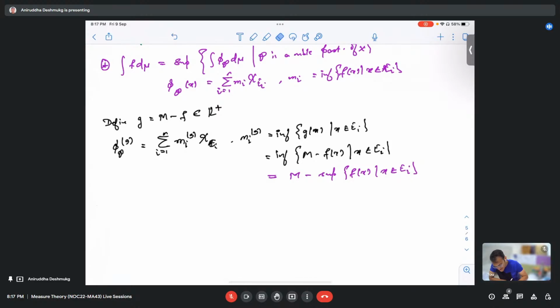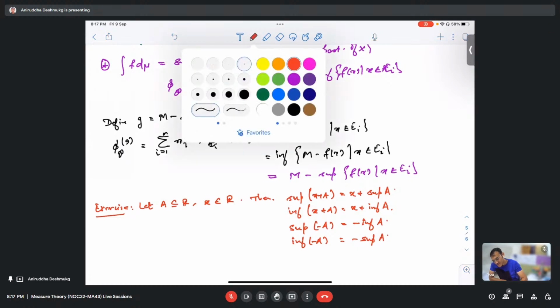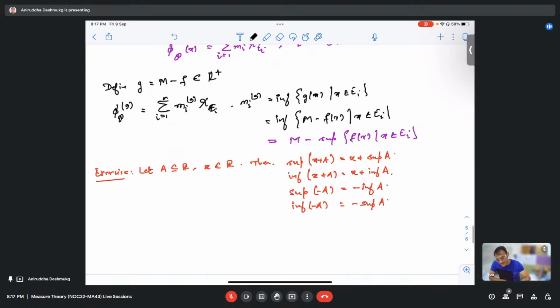The exercise is this: let A be a subset of R, and let x be in R. Then supremum of x plus A is x plus supremum A. Infimum of x plus A is x plus infimum A. Supremum of minus A is minus of infimum A, and infimum of minus A is minus of supremum A. So you prove these four things.